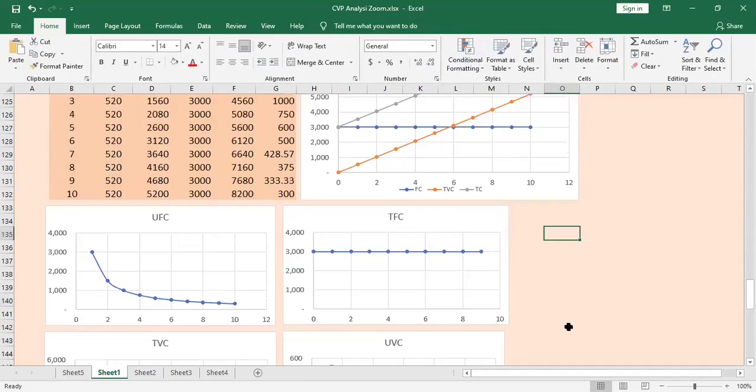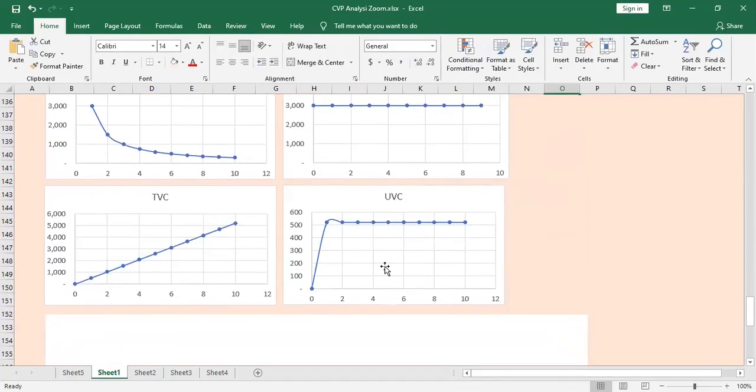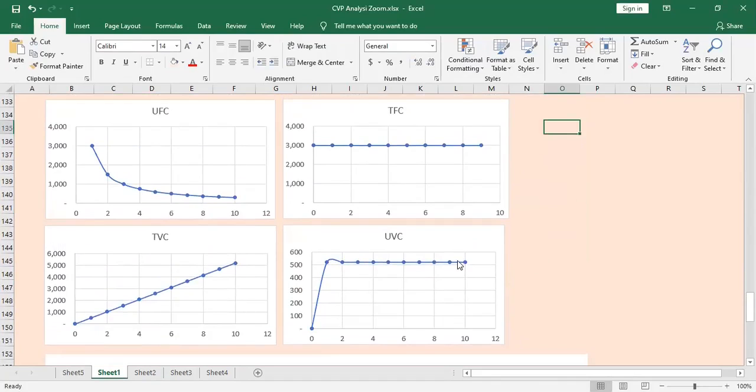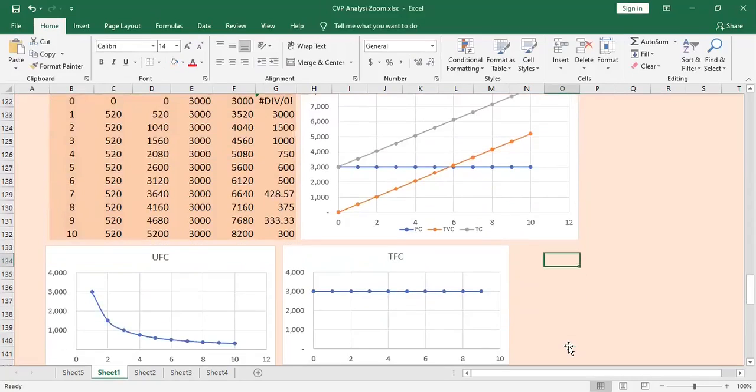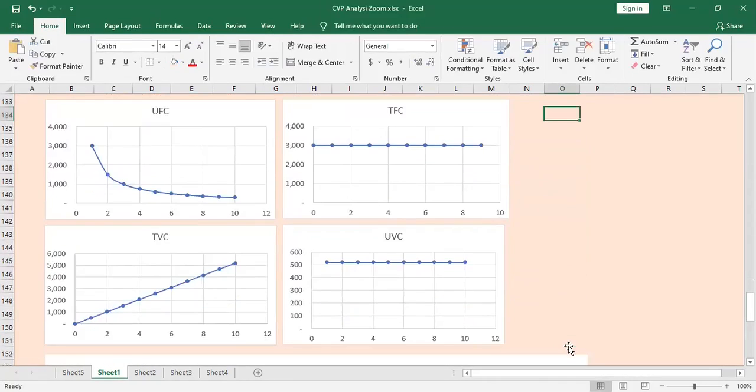So now you can see it. Let me get rid of this 0, otherwise. Right, now you can see the relationship here.